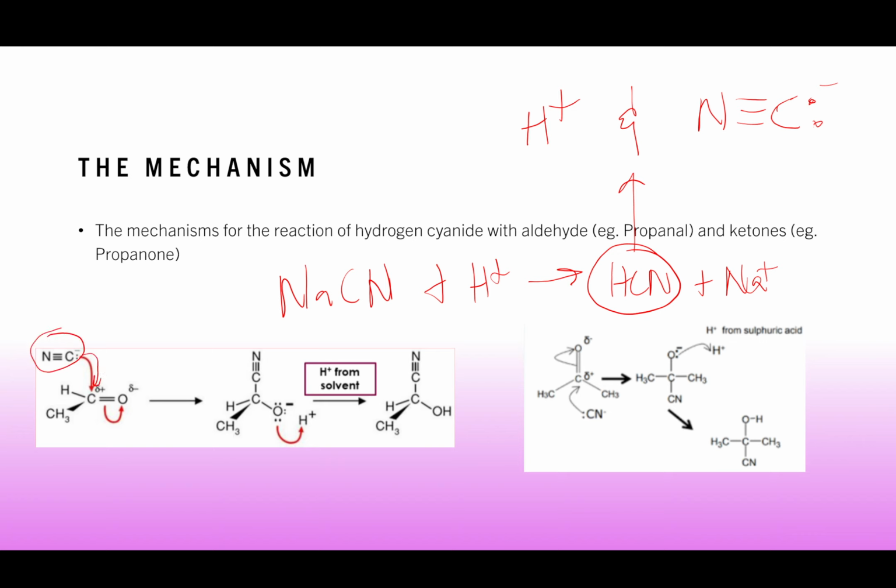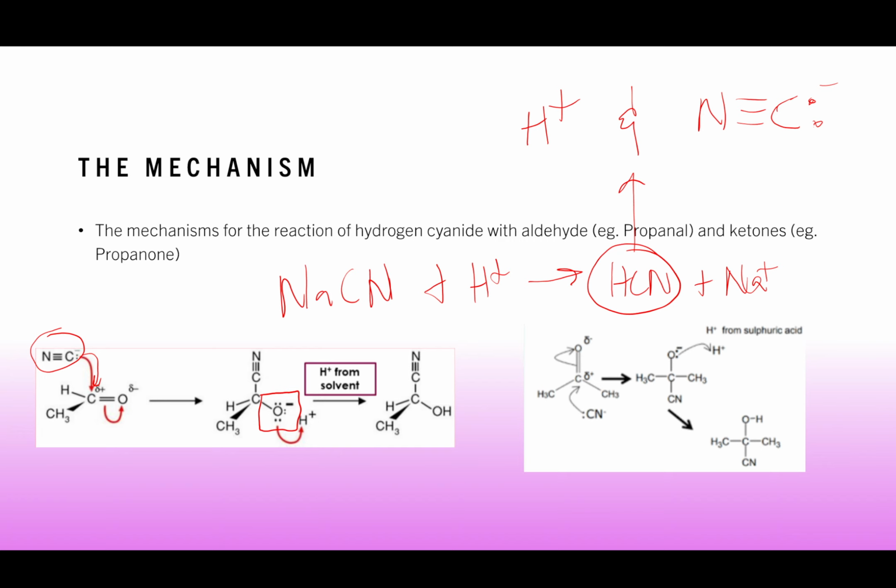What will happen now is that one of the bonds in the double bond will break, and it will leave an oxygen with a negative formal charge, which is kind of unstable. So oxygen bearing a huge negative charge there.